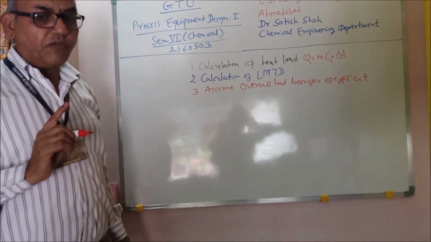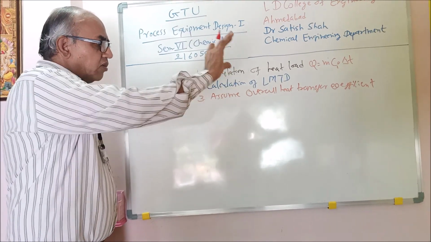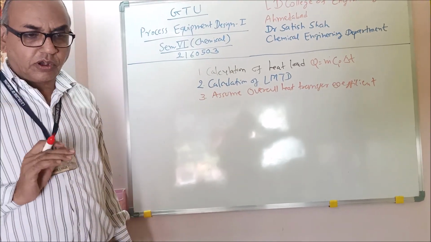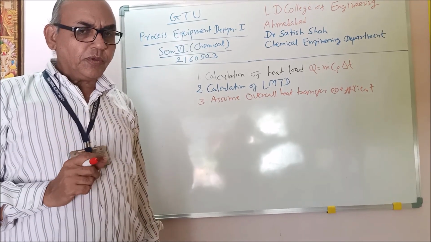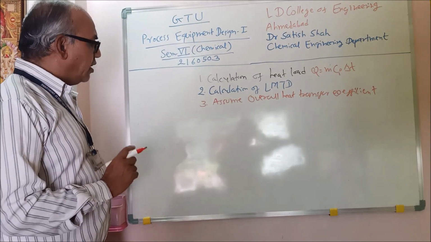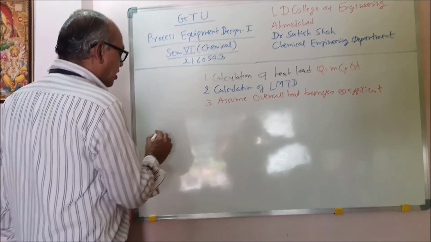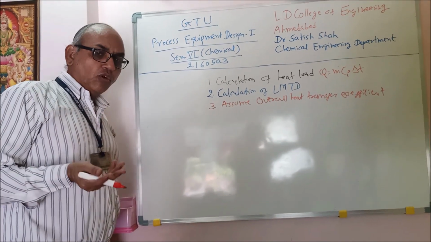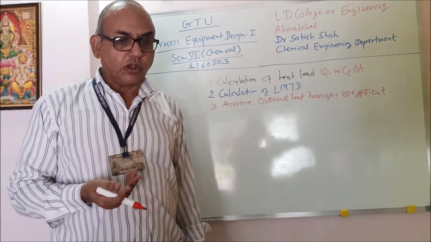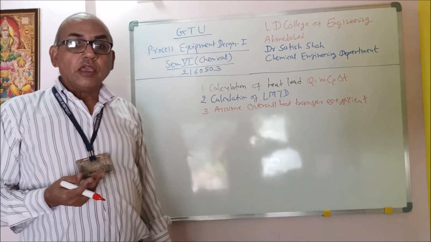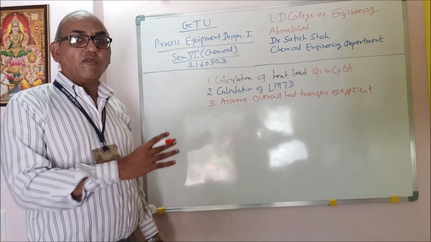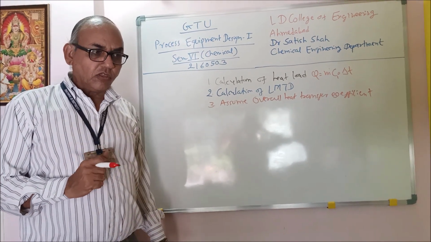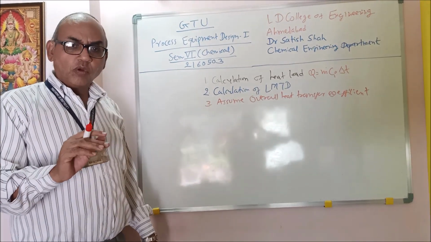So before proceeding further, let me again make clear what the overall heat transfer coefficient is. You have already studied the overall heat transfer coefficient in heat transfer. But let me make it clear: if you know the shell side and tube side heat transfer coefficients, the dirt factors and the thermal conductivity of the tube metal, using all this you can find out for a shell and tube heat exchanger the value of the overall heat transfer coefficient.